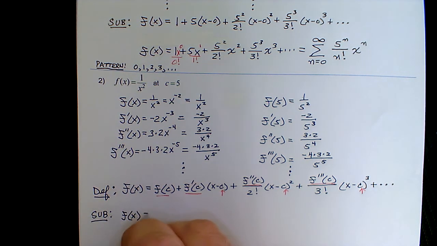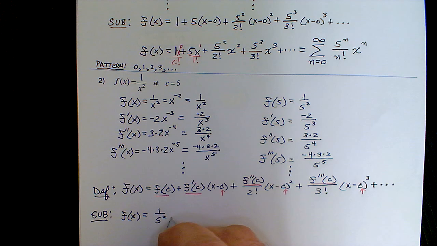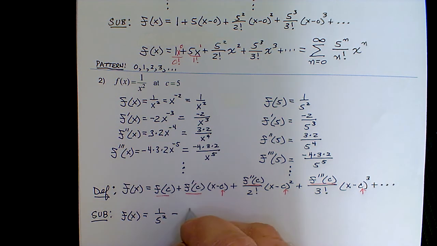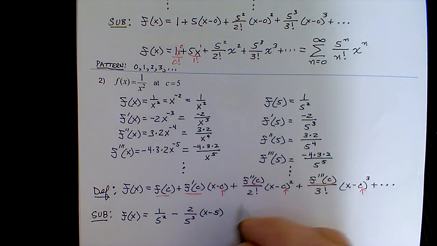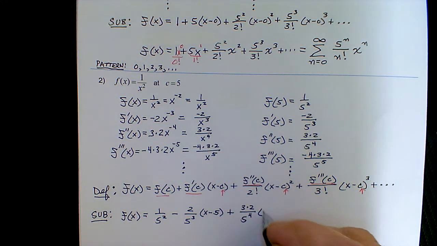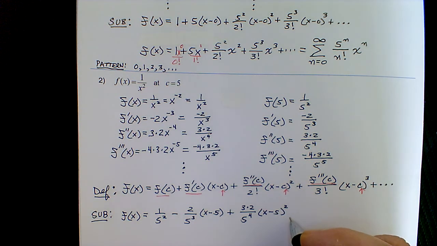Okay, so f of x is f of c, 1 over 5 squared, plus f prime of c, negative 2 over 5 cubed, and then times x minus c, which is 5. Next term, f double prime, positive 3 times 2 over 5 to the 4th, times x minus c, which is 5, quantity squared.